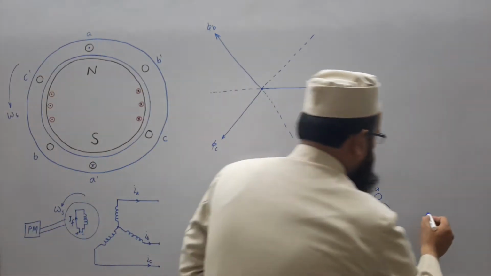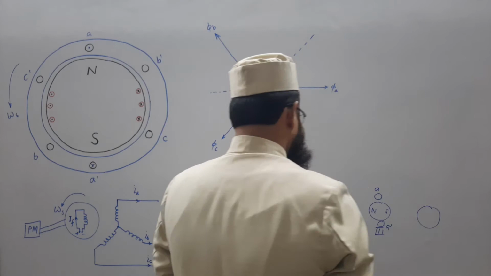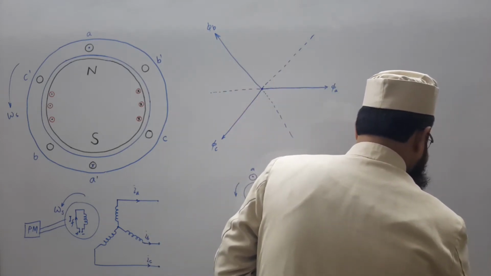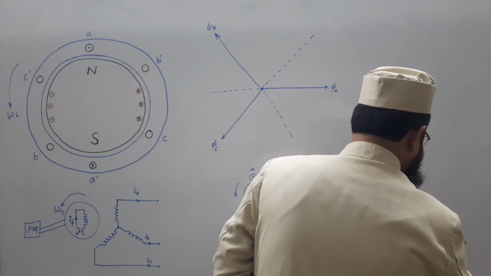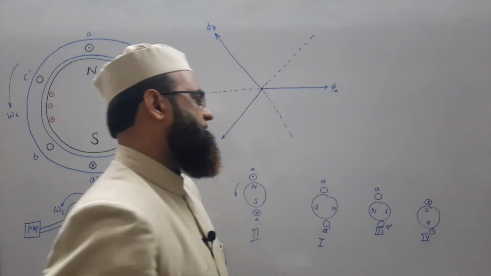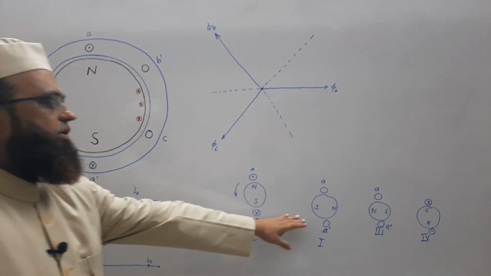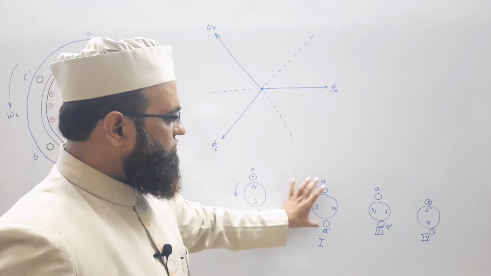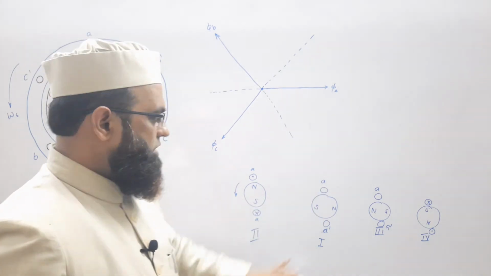And let us take 4th case, when rotor is having S here, N here. So this will be cross and this will be dot as discussed earlier. So starting from case 1, this is the moment. So at that time no flux linkage to this coil, so EMF induced is 0.